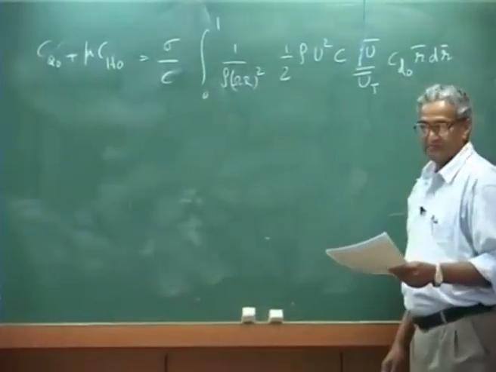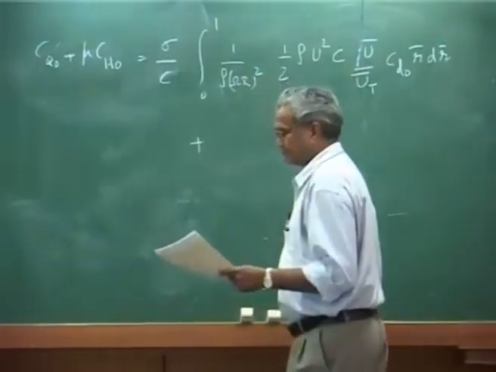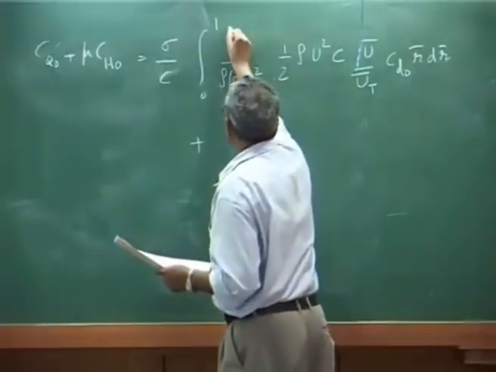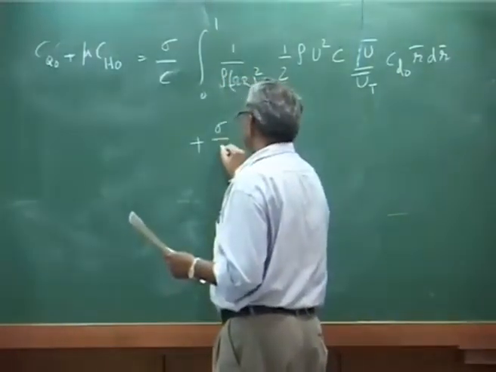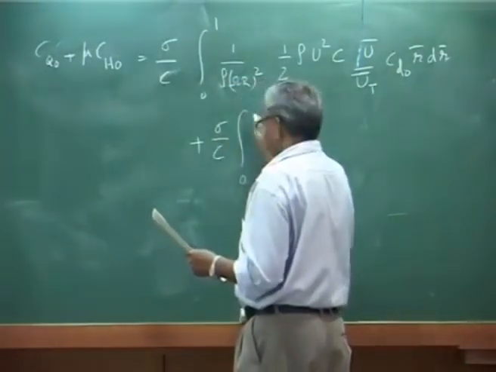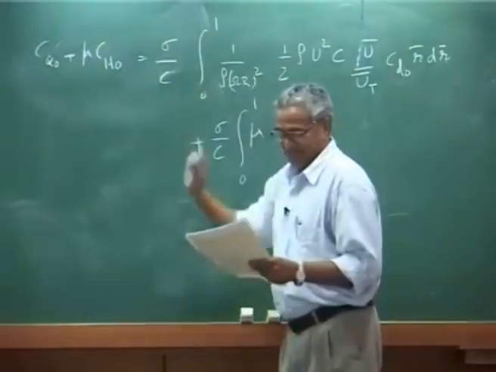This is CQ0. Then plus, okay, plus sigma over C. I will write again 0 to 1. You have a factor mu, mu is there.